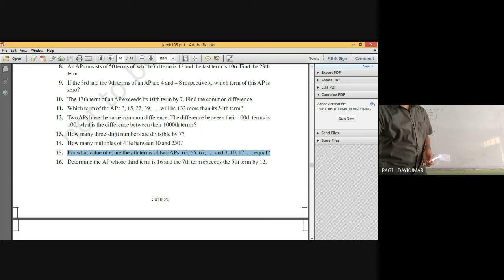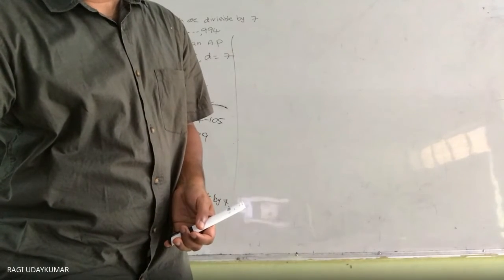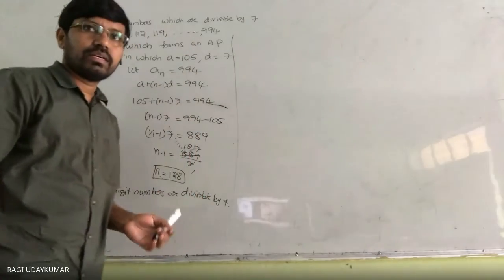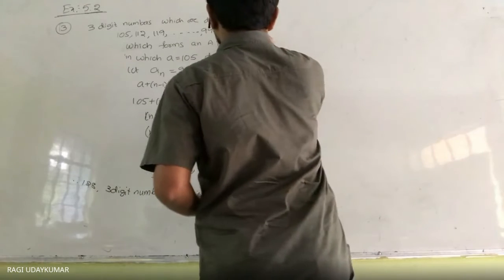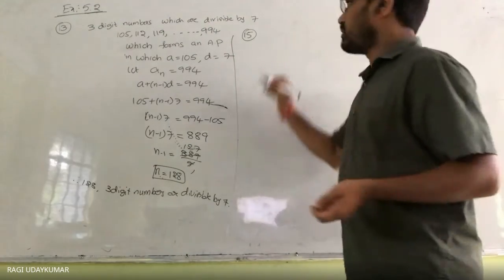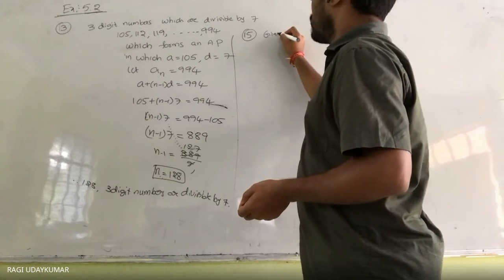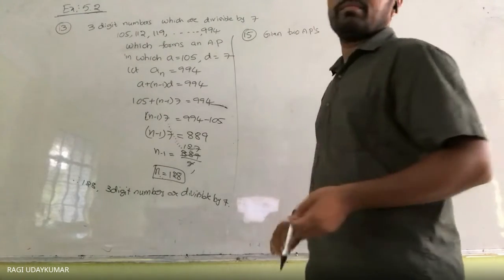Okay. So now let us see the question here. Is it visible to you? Yes. So the 15th one, two arithmetic progressions are given.